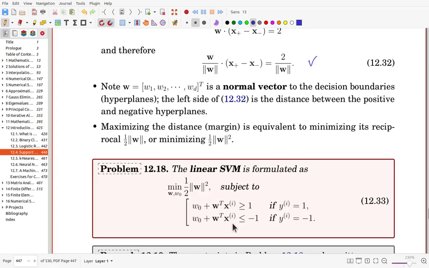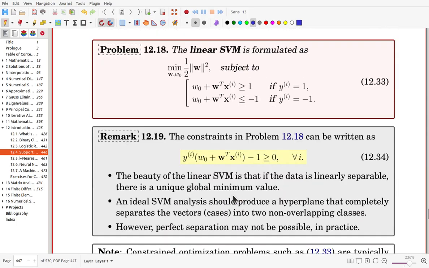Also, along the same logic, on the boundary of negative points, the value is -1, but for other points, it can be less than -1. So that is the formula, and we have to solve this problem.